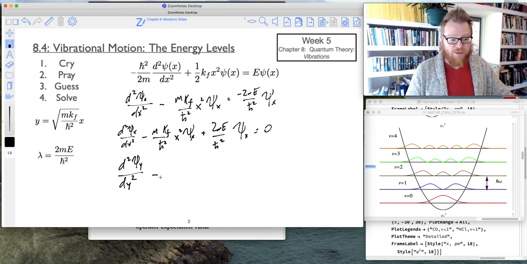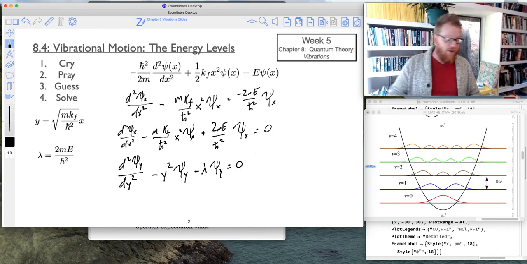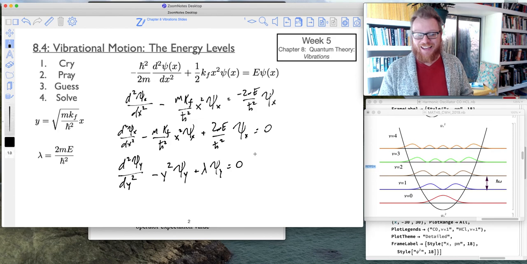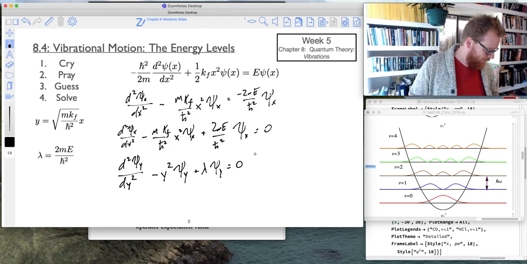Minus, and now I'm going to replace this whole thing by y squared, psi of y. And then you notice I'm also going to use this lambda, this 2mE over h bar squared, for lambda. So we can say plus lambda times psi of y, all equals 0. And now this should, being the key word, be a lot easier to solve, okay?